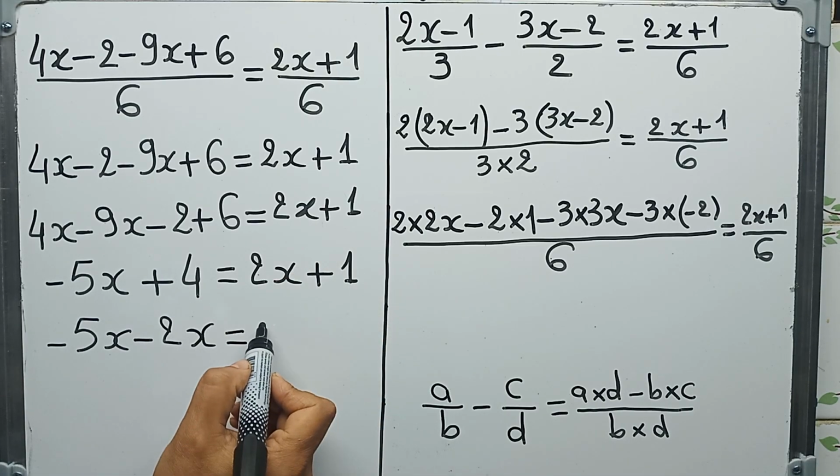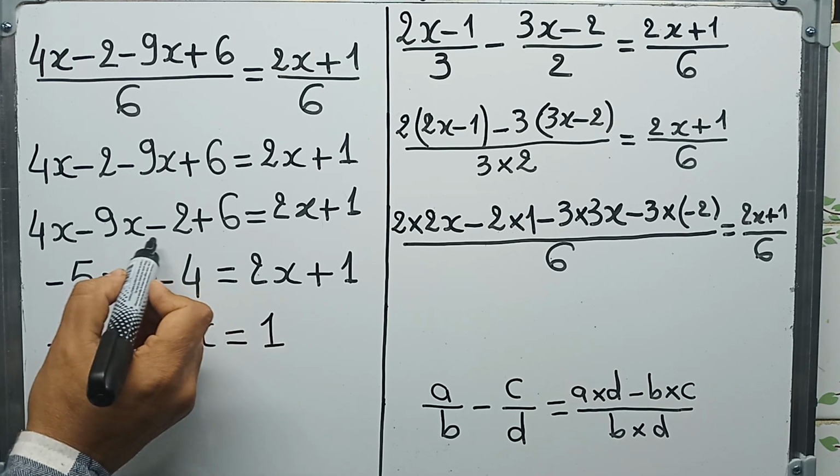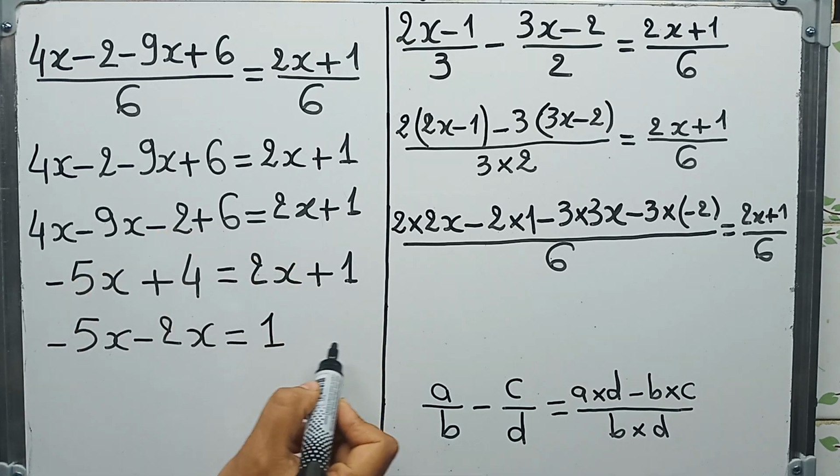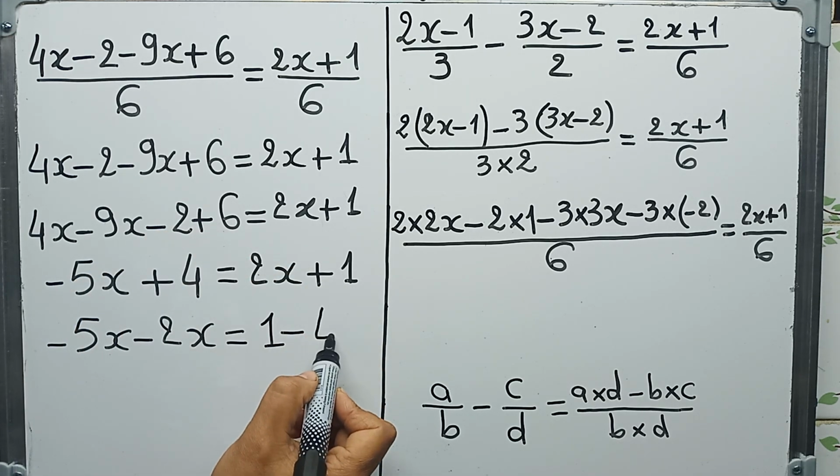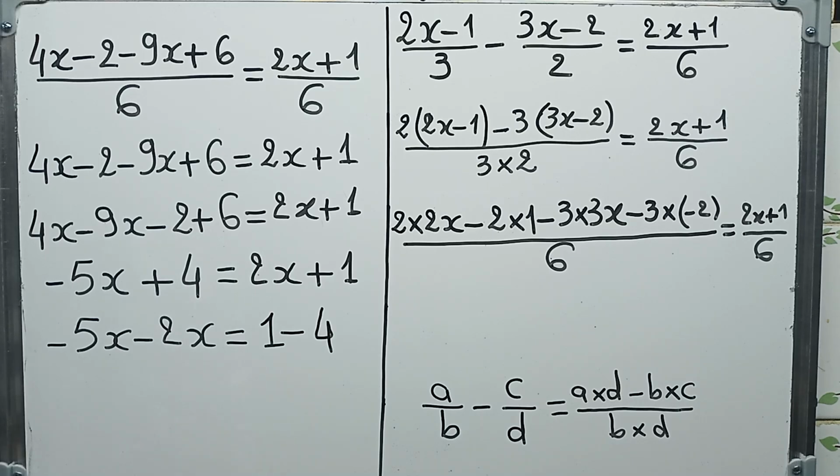And 1 stays in its place, but this plus 4 goes to the other side and becomes minus 4. And here minus 5x minus 2x is minus 7x, and 1 minus 4 is minus 3.